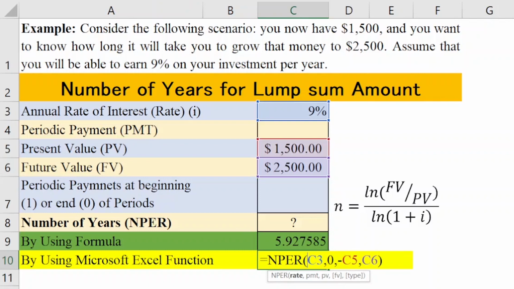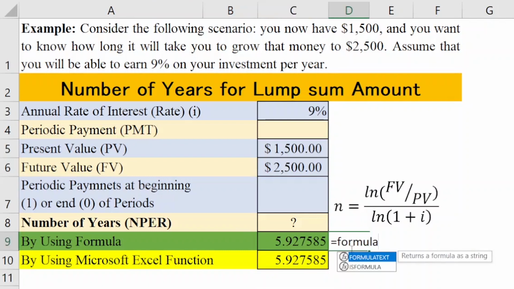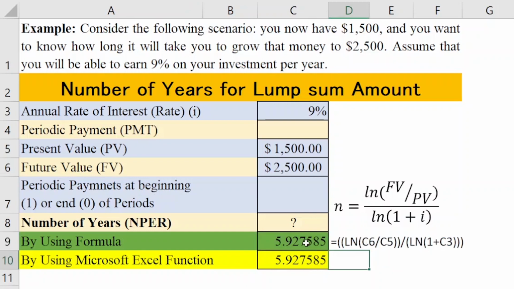We will get the answer, that is 5.927, and by formula text we can get the formula that we have placed here. So these are the formulas that we have used to calculate the number of years for lump sum amount.